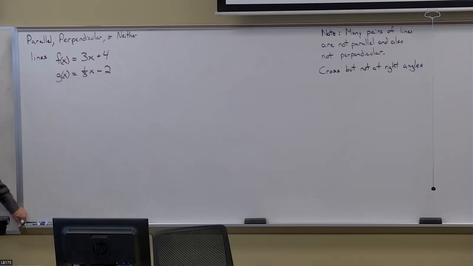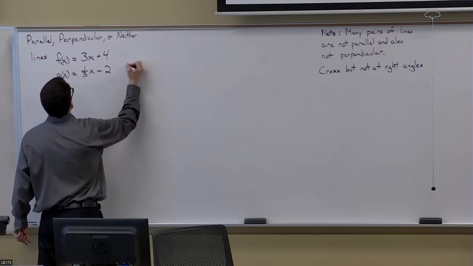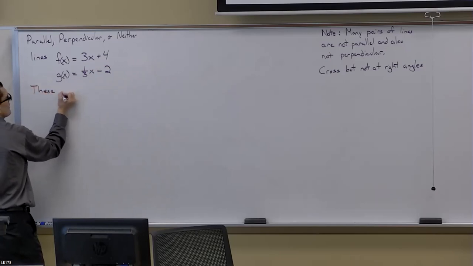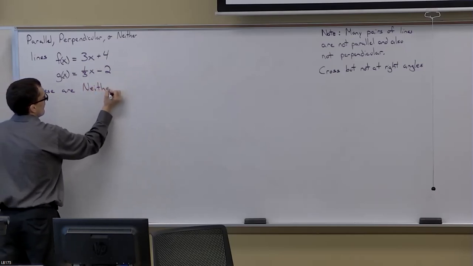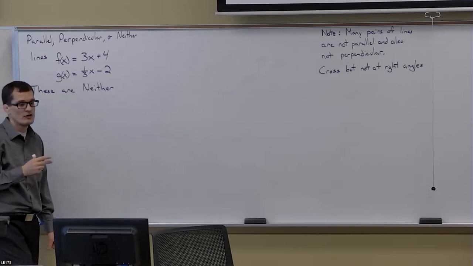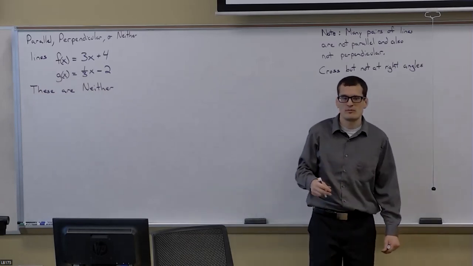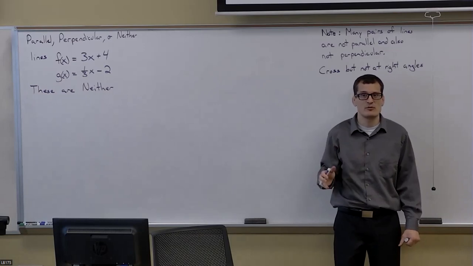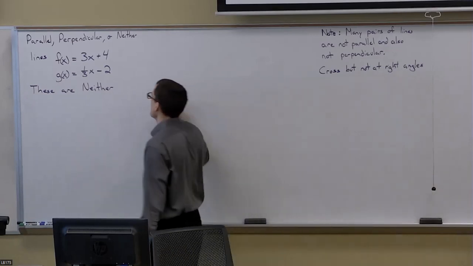Neither, exactly. So these are neither. One of the slopes is a +3, the other is a +1/3. Now, those are reciprocals, but not negative reciprocals. And we need negative reciprocals to be perpendicular. We need the exact same slope to be parallel. So those are neither. Let's take another pair of lines.